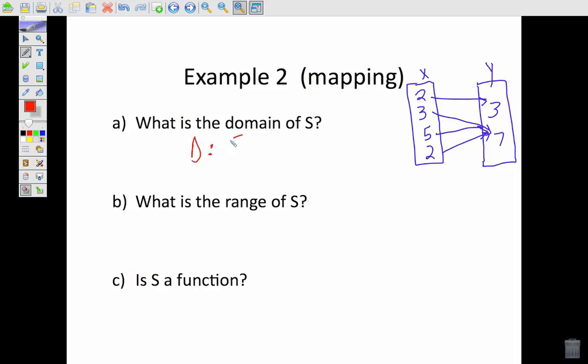You do not need to list them any more than what they exist. So 2, 3, and 5, that's least to greatest. And range would just be 3 and 7. Is it a function? No. Here you got 2 and 2 being mapped to 2 different values, so no.